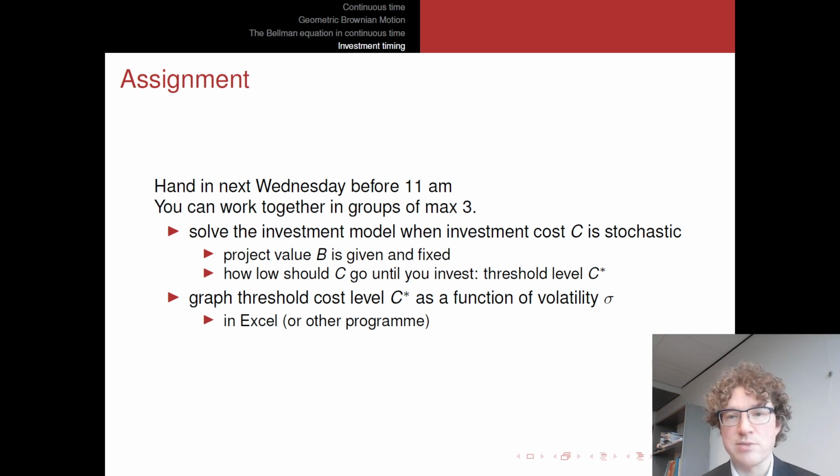So instead of the investment cost I, we'll have a stochastic investment cost, which we call C. As that declines, at some point you will make the investment. I'm also going to ask you to graph this threshold cost level as a function of the volatility sigma. For doing that, you'll need to use some program like Excel or perhaps some other program that you like to use.